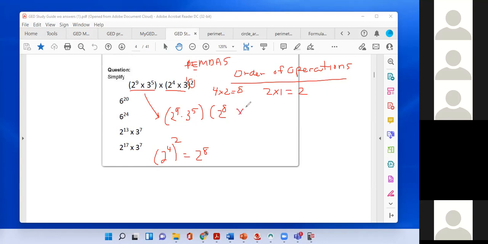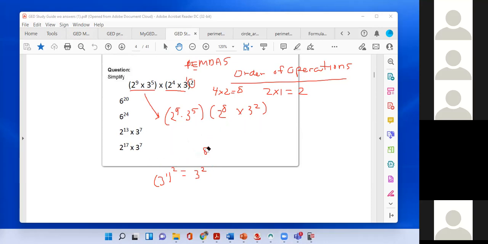So we got 3 to the 2nd power. 3 to the 1st power, raised to the 2nd power, 2 times 1 is 2, so we got 3 squared. Does everybody understand how I got the 2 to the 8th and 3 to the 2nd power? Okay, good.